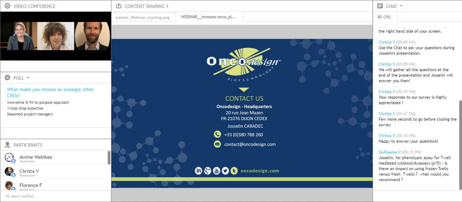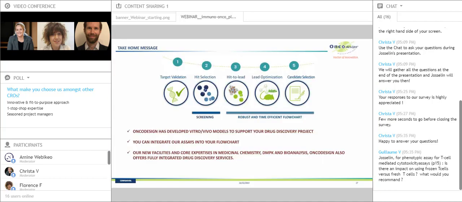Having said that, I think this is something you have to test every time you set up a new assay, just to make sure that using thawed T-cells won't impact their ability to proliferate, differentiate and be activated.